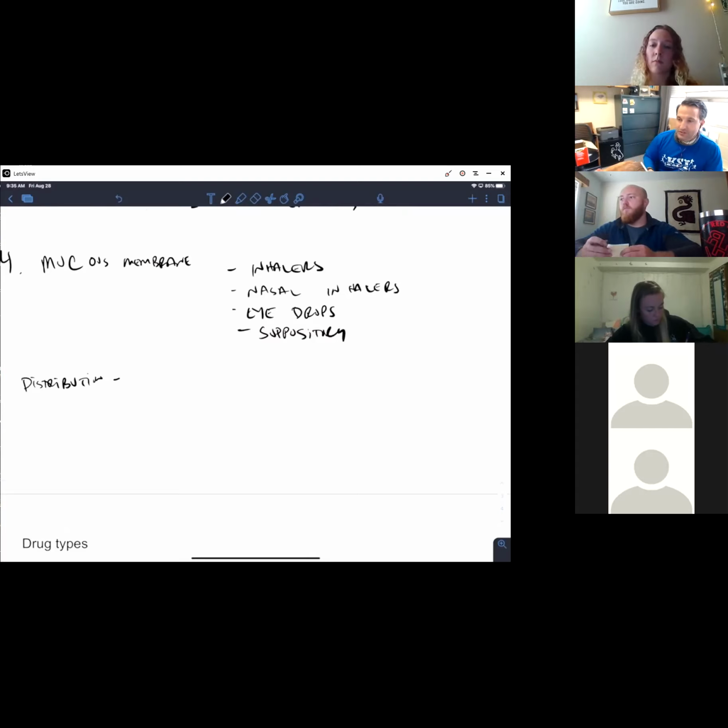And this is pretty simple. This is just a nice little definition that we have here. It's the method that the drug is transported to the biological target.